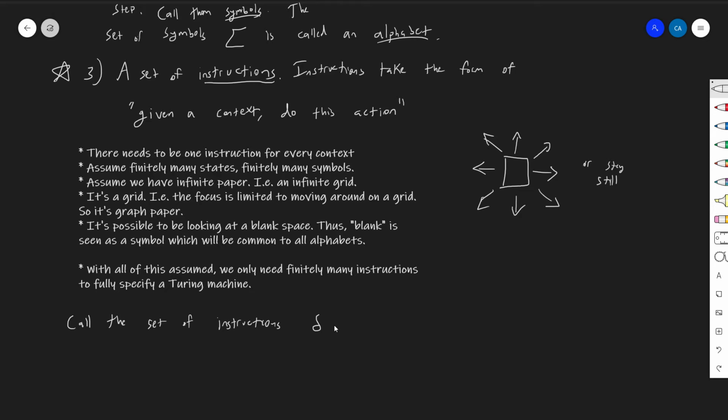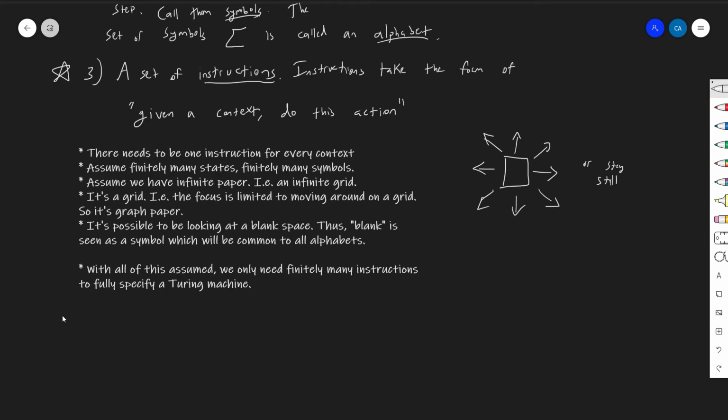I'm trying to avoid saying this as notation, but maybe I should probably say it as notation. Okay, so let me go ahead and start over. Well, okay.